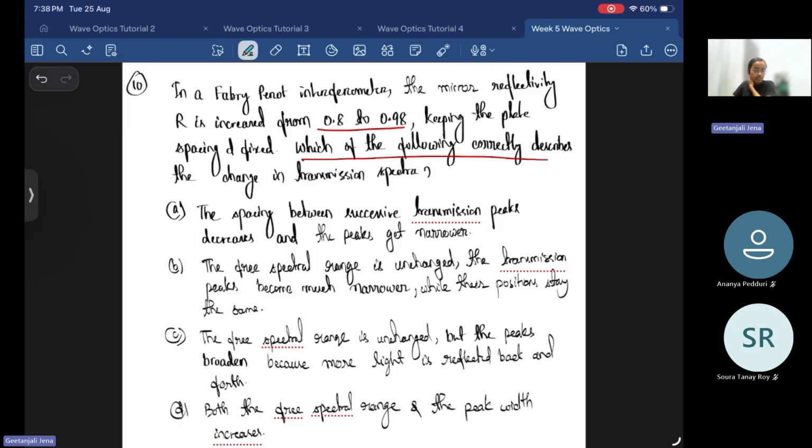So you are increasing the reflectivity of the mirrors from 0.8 to 0.98 by keeping all the other parameters constant. So what is the effect on the free spectral range and the transmission peak? Whether the free spectral range will get shorter or broader, or the peak will get broader or narrower.